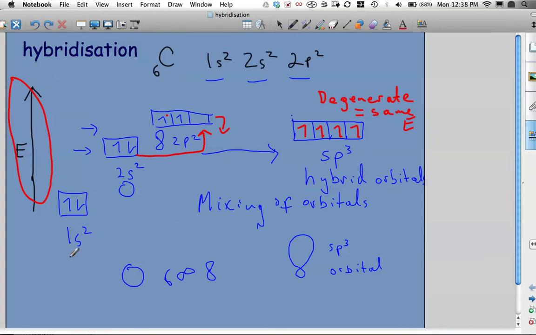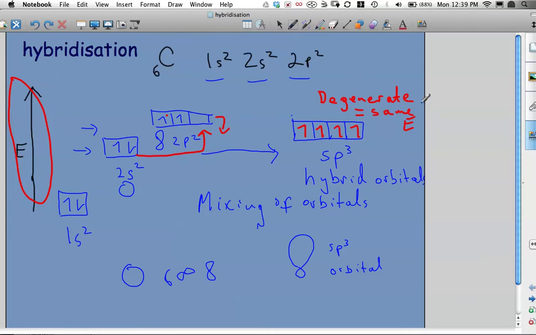The s orbitals and the p orbitals are atomic orbitals. The sp3 is a hybridized atomic orbital. Okay? The orbital is in between the energy of the p and the s. The energy to promote that s electron comes from the dropping of the p orbitals.